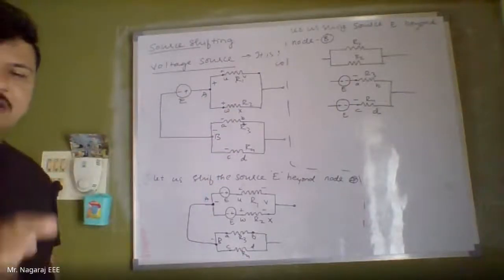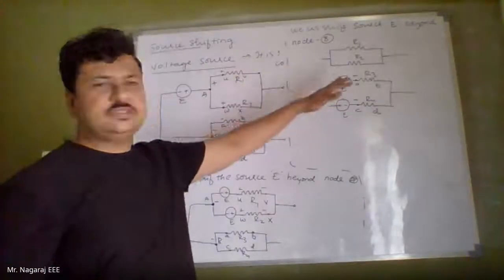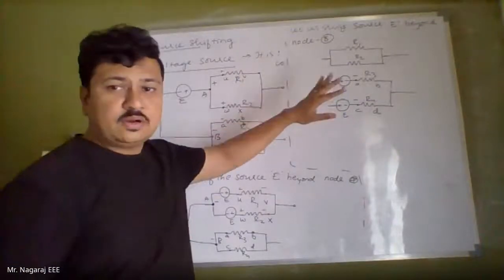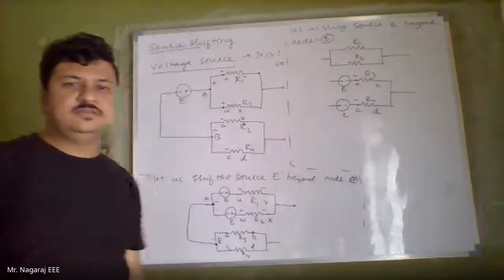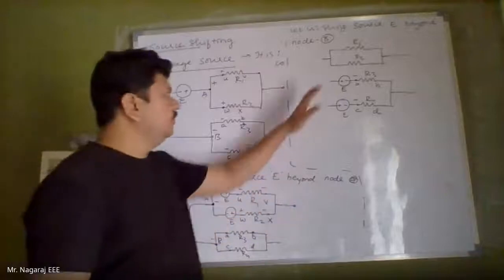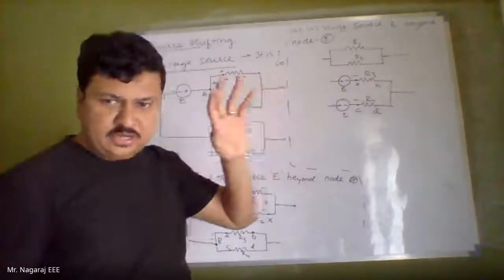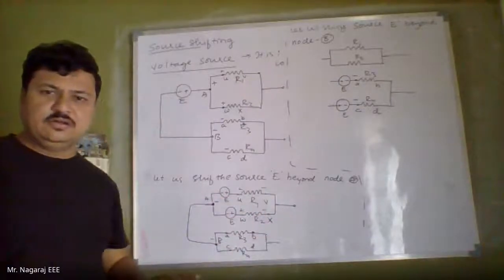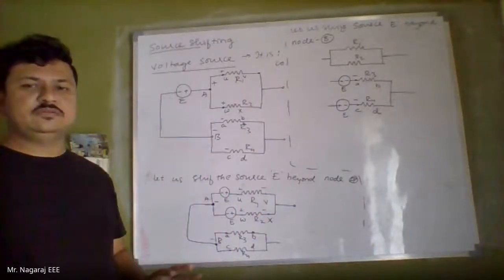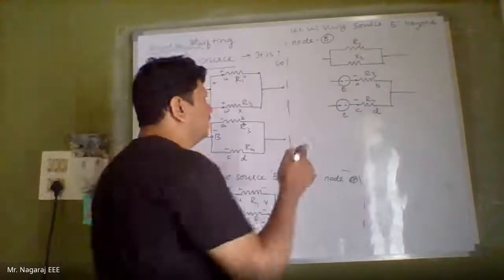Along the directions, as per the direction, you simply shift it. Or you follow this convention. This is the more understandable convention. There is no shortcut in this understanding. Okay, if you understand this concept that the component polarities must be retained as they are in the original circuit, then that is the best way to shift, because you will understand it perfectly. You will never go wrong.